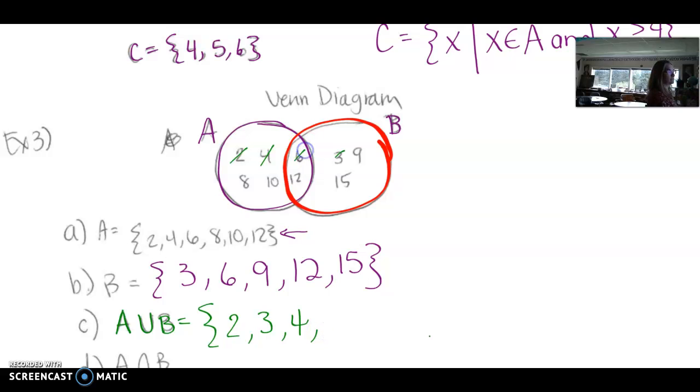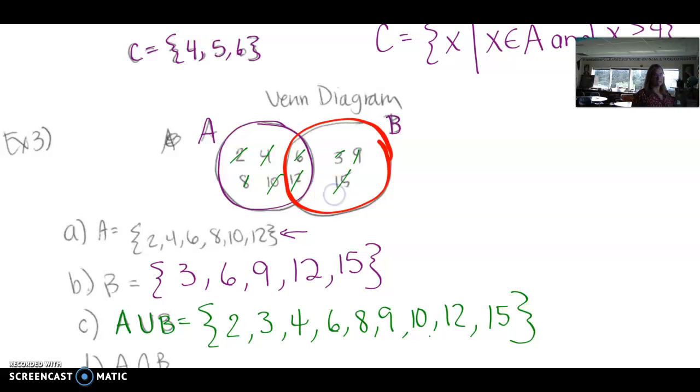The next number 6, and then 8, and then 9, and then 10, and I'm crossing them off so I make sure I get them all, and then 15. So that would be A union B. It's either in A or B, so it's all those numbers.